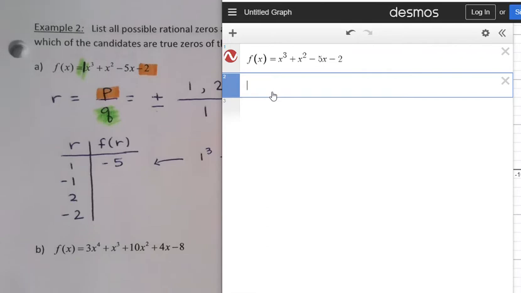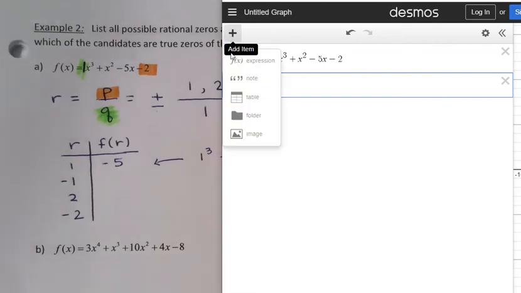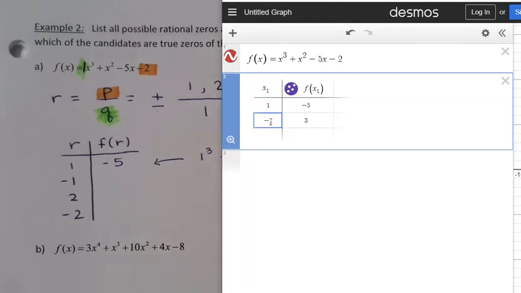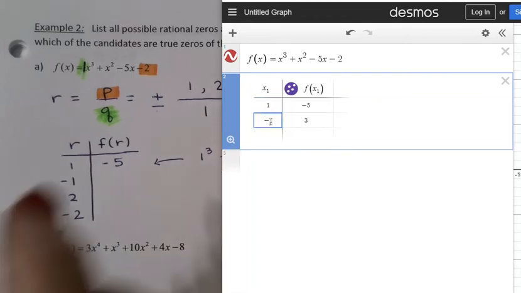I would like to make a table. And for every x value I give it, I want it to plug it into that function. So I want f of x1. We did 1 by hand and got negative 5. There it is. Desmos does it for us really fast. If we actually plugged in negative 1, it looks like we would get 3.